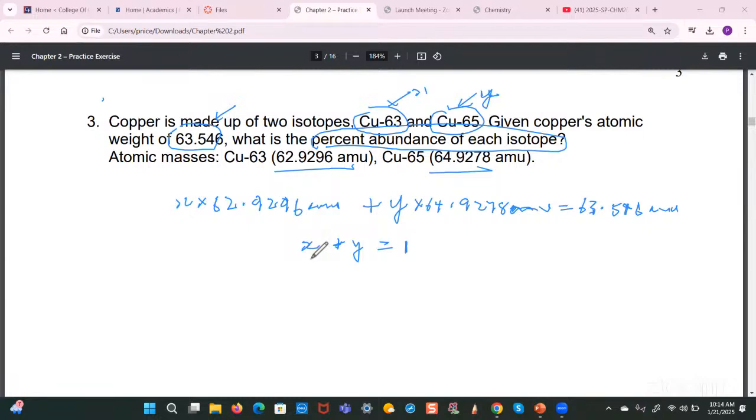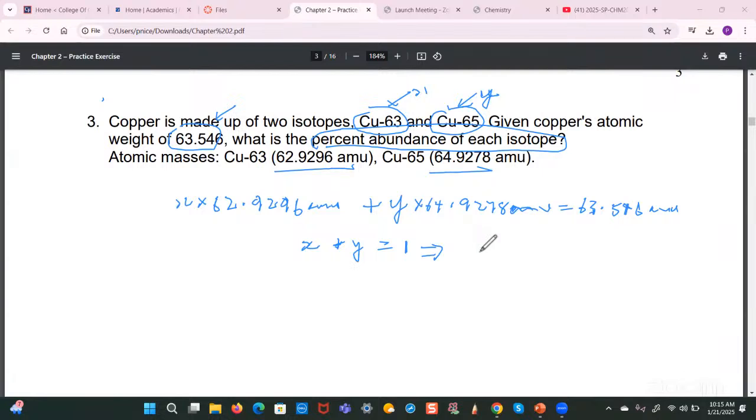Any ideas? Subtract X from Y? No, not subtract X from Y. Oh, that makes sense.